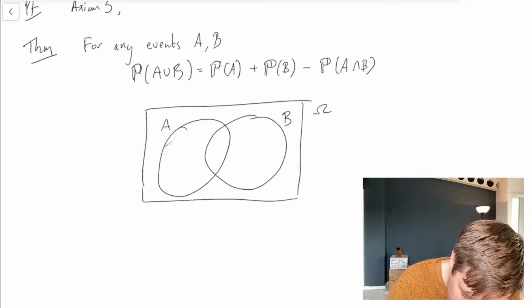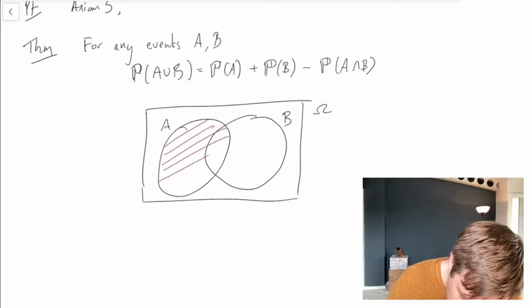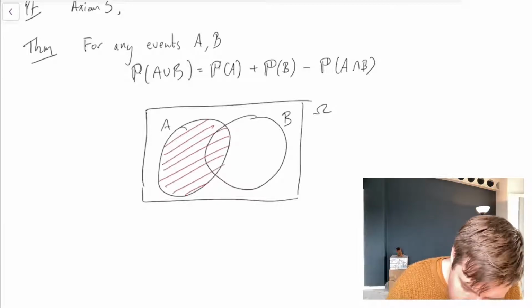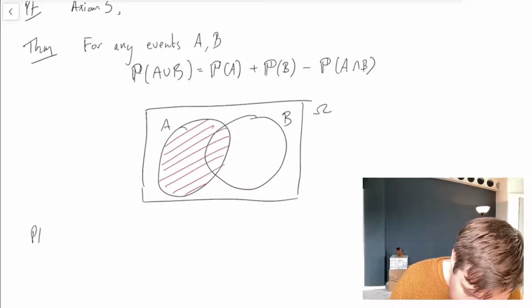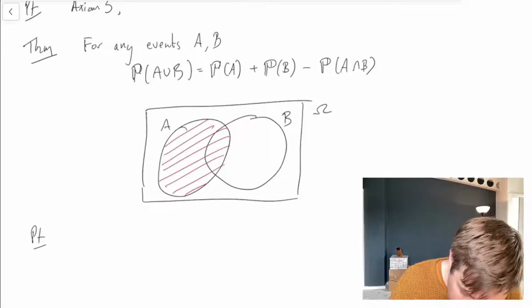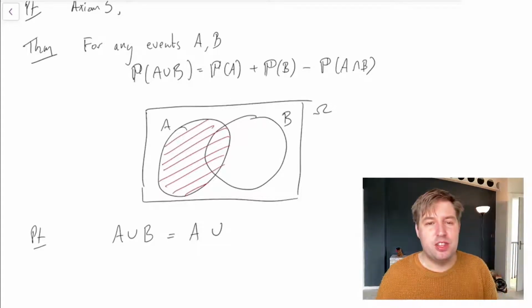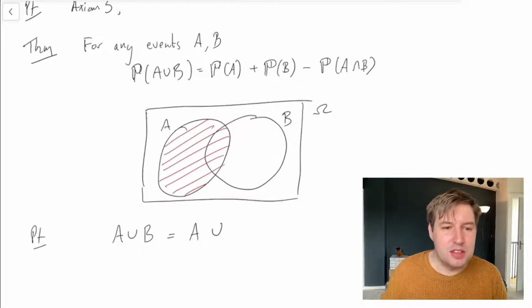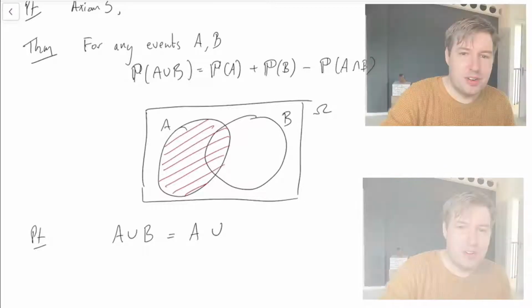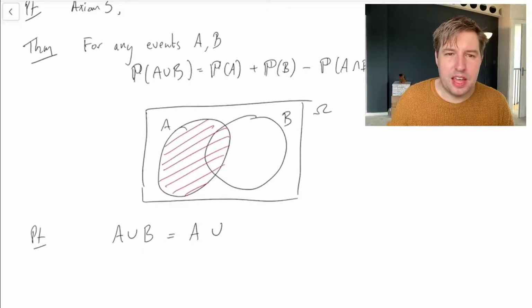Well, if we start with A, it would be nice to say that A union B is A union something, but with this union on the right being disjoint. It'd be really nice if that were a disjoint union. So what does the other thing have to be?